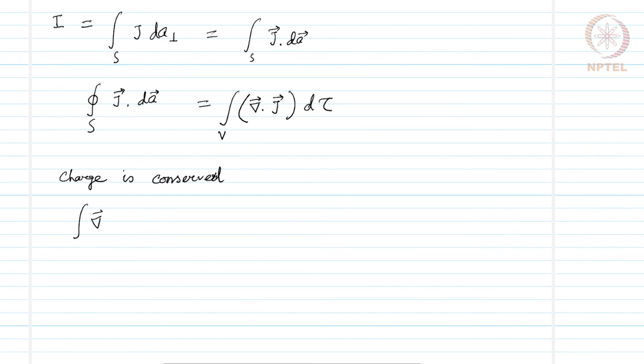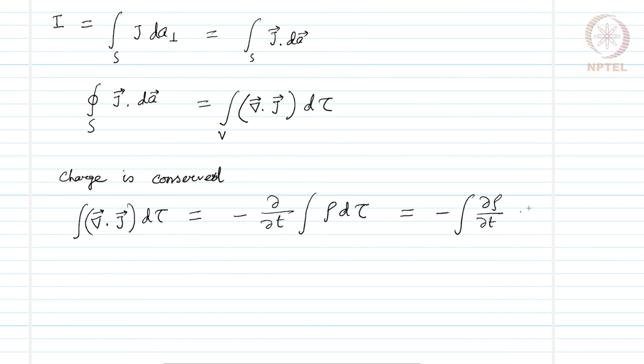So, the volume integral of the divergence of J can be written as minus del t of the integral of rho d tau. We have a time derivative and an integral over space, that is volume, so these two operations commute. We can take the time derivative inside, which gives minus the integral of del rho del t d tau.